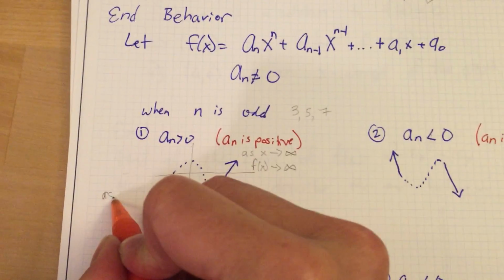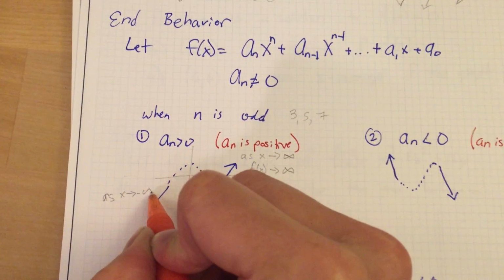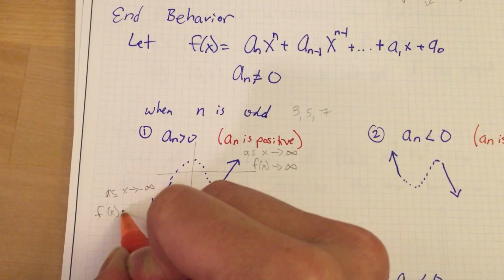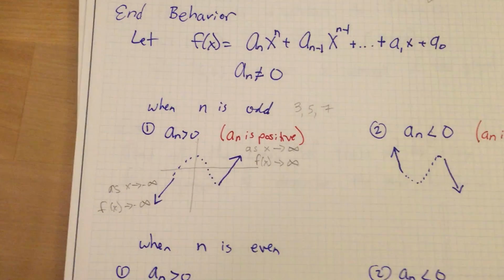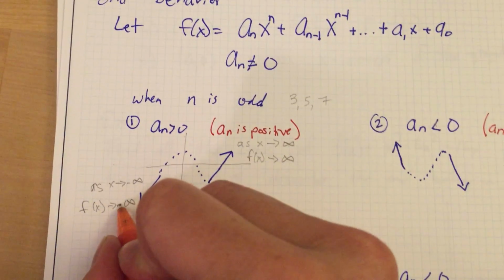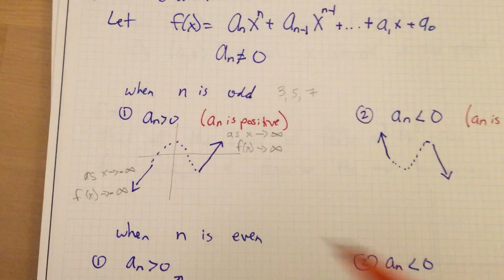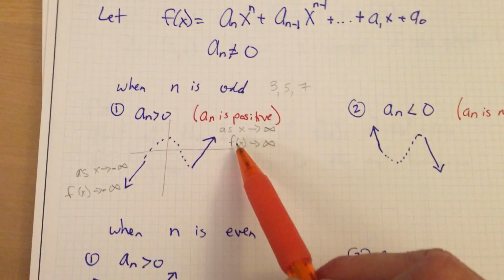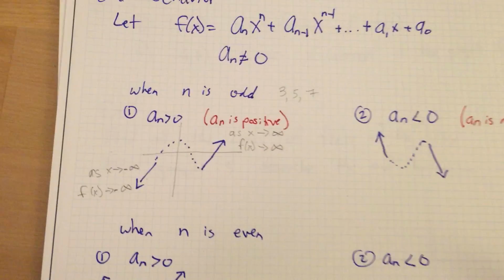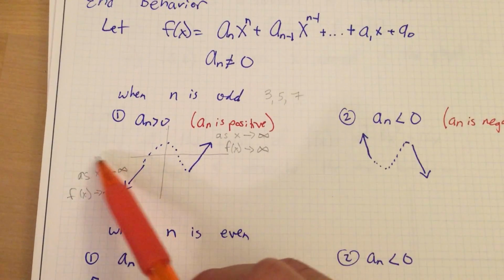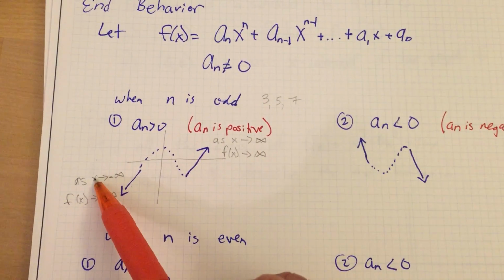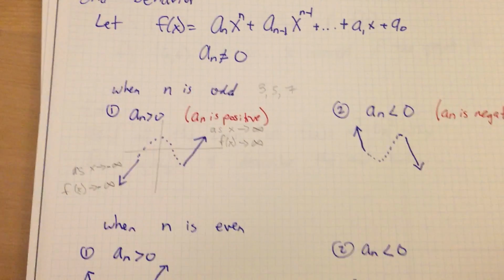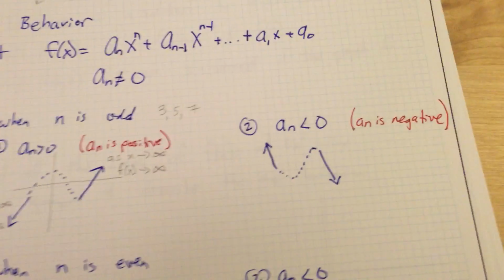So I can say as x approaches negative infinity, my f of x is also approaching negative infinity, in case you can't see that negative sign. So this would be considered the left side of the function, and this would be considered the right side of the function. And so we want to make sure that we put both what's happening to the x's and to our outputs, our f of x's.